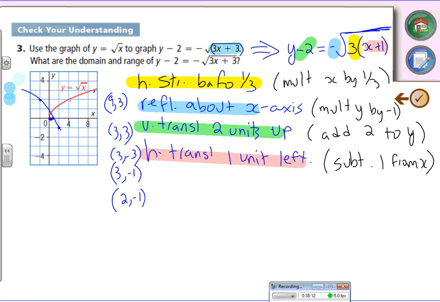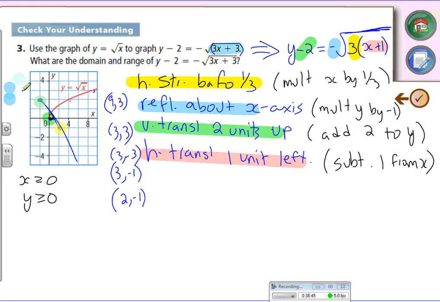Original domain was x is greater than or equal to 0, y is greater than or equal to 0. Now, we've got our new point that we start at right down over there. Oops, I just noticed a mistake here. That shouldn't have been drawn there. Sorry, that should have been drawn like that. That's where our original point went to there.